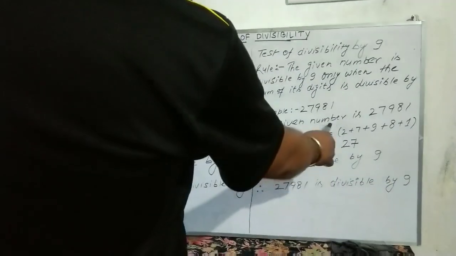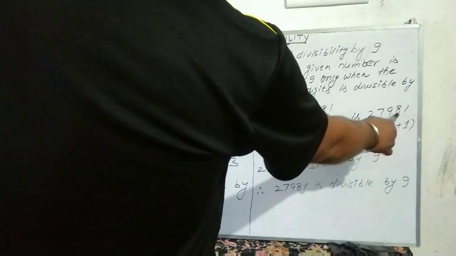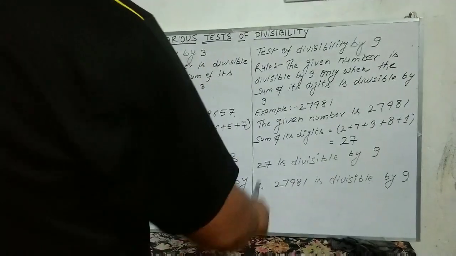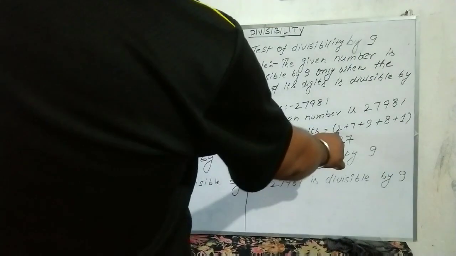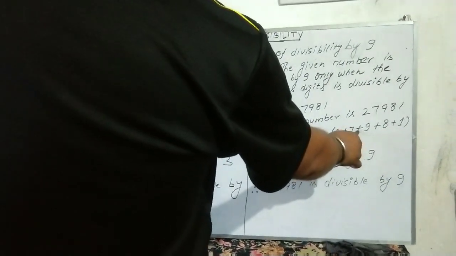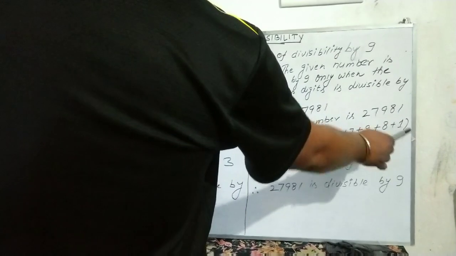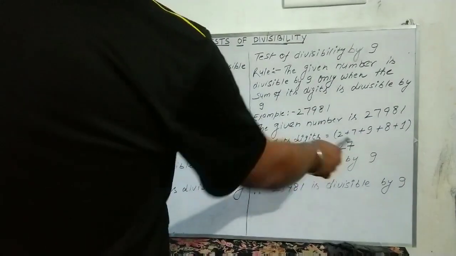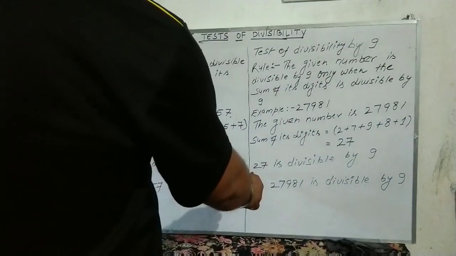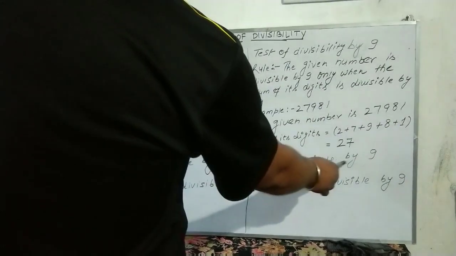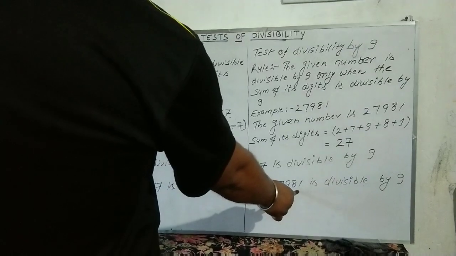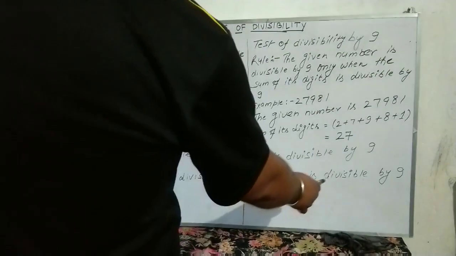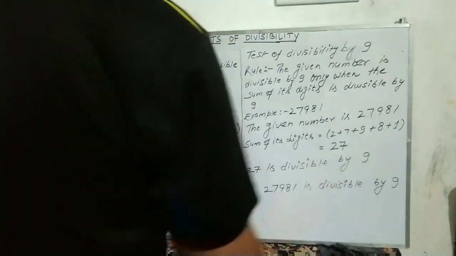Therefore, the sum of its digits is equal to 2 plus 7 plus 9 plus 8 plus 1 is equal to 27. And we know that 27 is divisible by 9. Therefore, 27,981 is also divisible by 9.